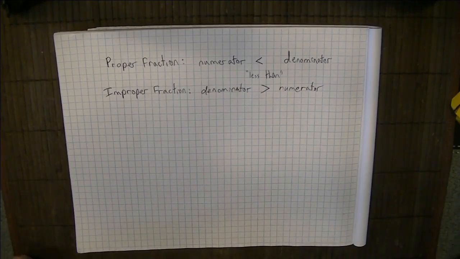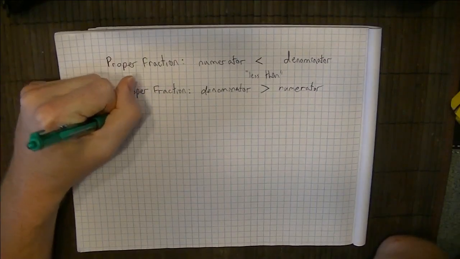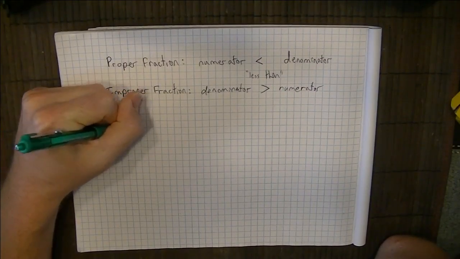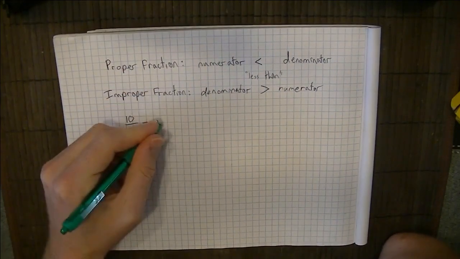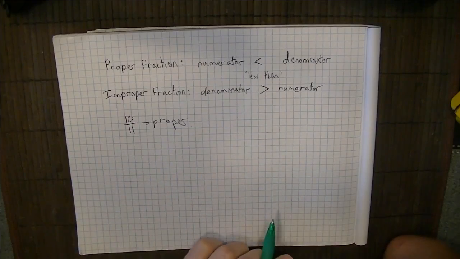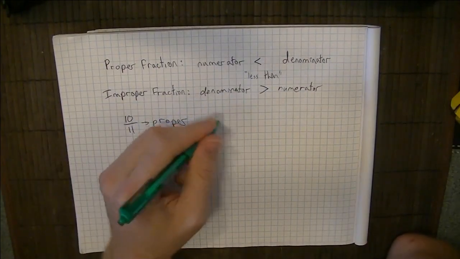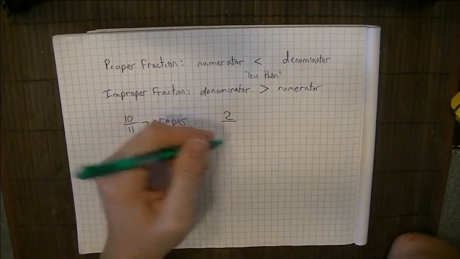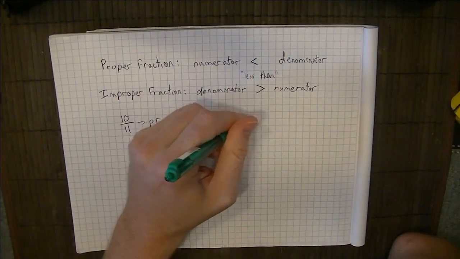Okay, so a proper fraction, for example, could be 10 over 11. This is proper, because 10 is less than 11. Or we could have, I don't know, 2 thirds. That's also proper.